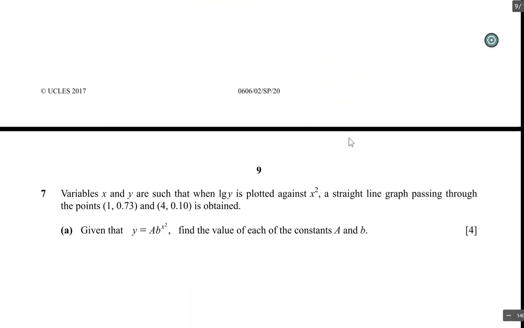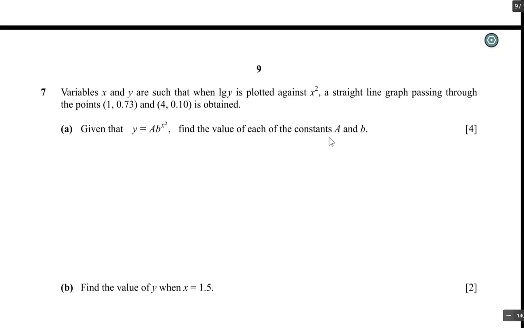Alright, number 7 here. Linear law. The variables x and y are such that log y is plotted against x squared, and the straight line passes through these 2 points. So log y against x squared, these are very important tips.